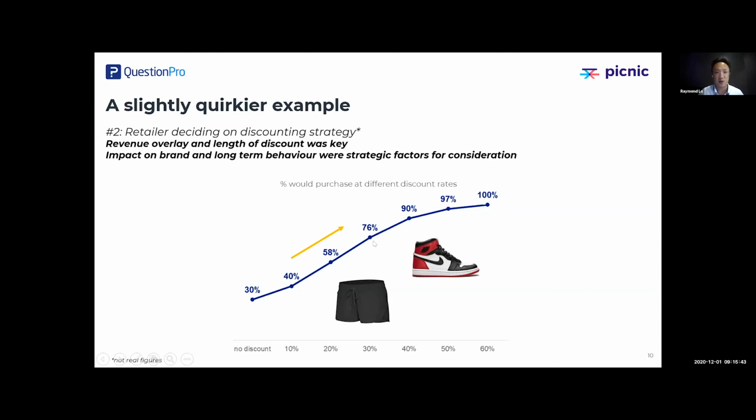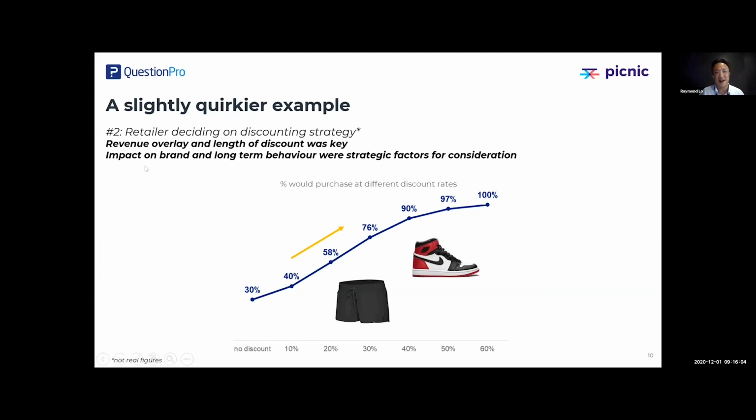So what's the sweet spot there? I said before, what's key is to overlay the revenue impact on top of this, but also the length of discount, which we had to calculate. So as I said, Gabor Granger gives us really good, useful information, but there are other numbers that go into the recommendations and decision factors for the client.